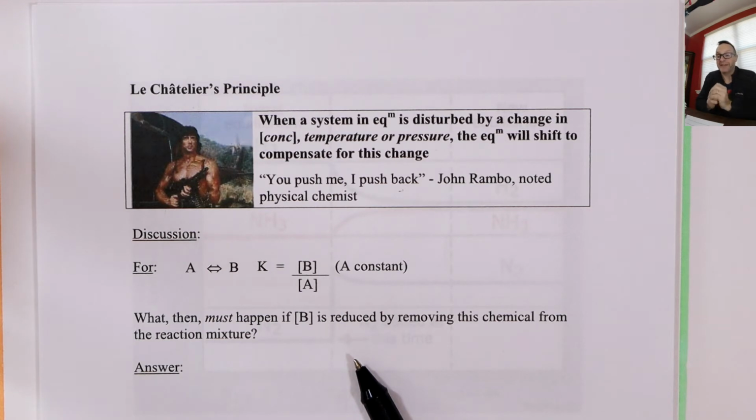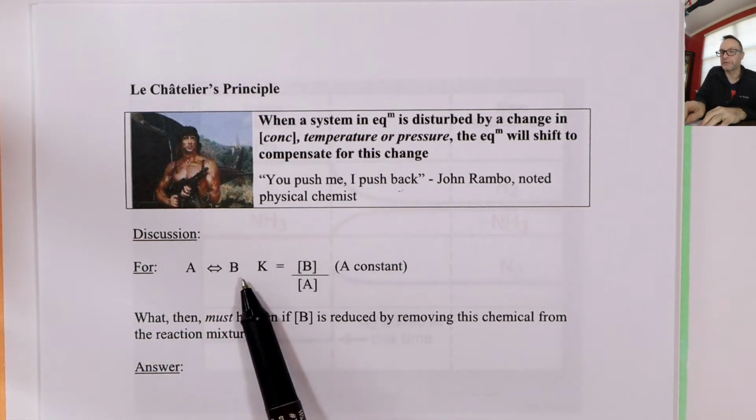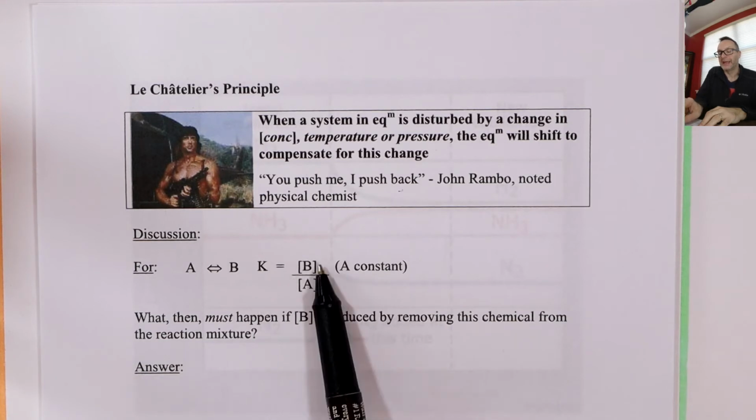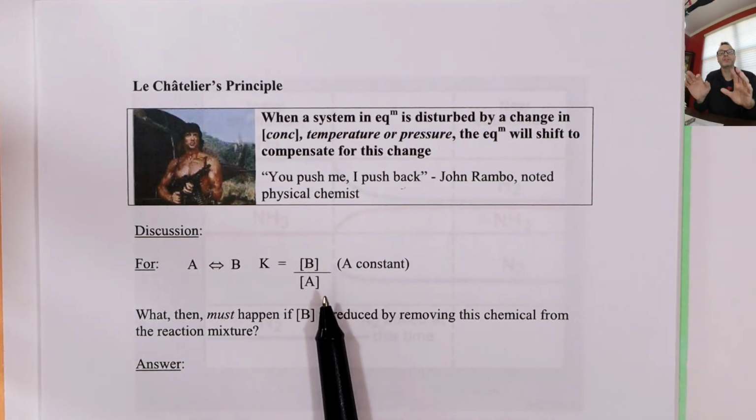Remember, the key fact is, for A in equilibrium with B, simple example, products over reactants is a constant number. So the amount of products and the amount of reactants has to be in that ratio. The numbers can change top and bottom, but their ratio is a fixed number. So this is where Rambo comes in. If you change it, you're away from equilibrium all of a sudden. If you remove something or add something, you're away from equilibrium.